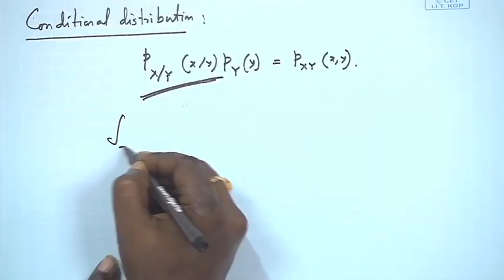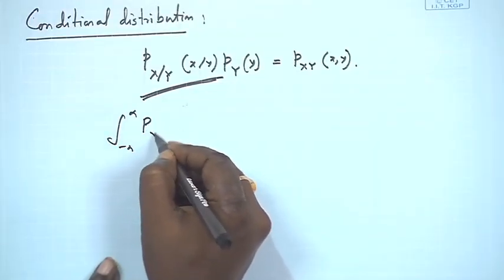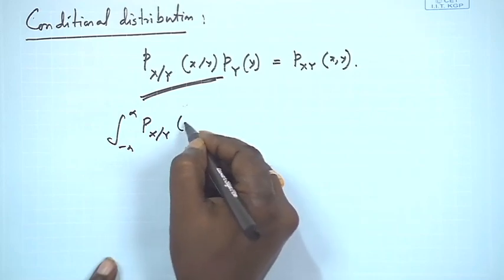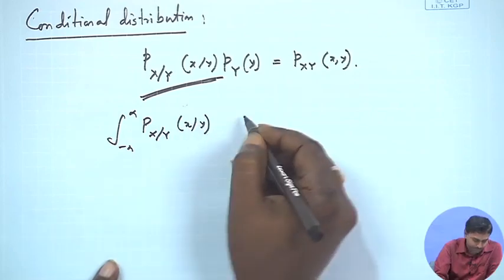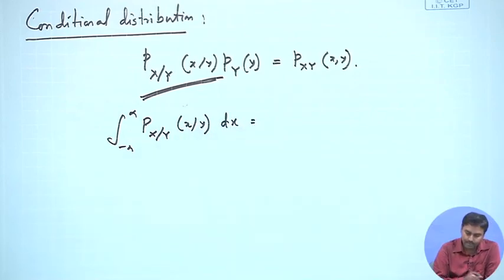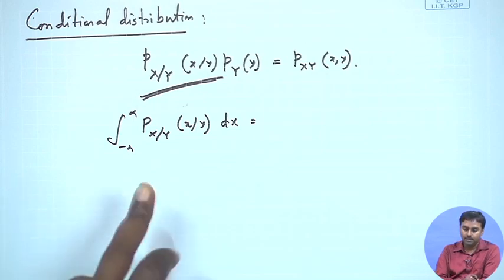If I integrate it with respect to x, I must be getting 1 if this is to be a PDF, or probability density function. So, I should be proving that. Let us see, minus infinity to plus infinity p x given y dx. That is what I want to evaluate.